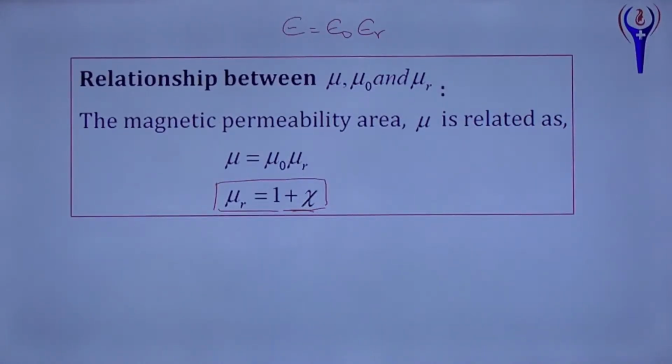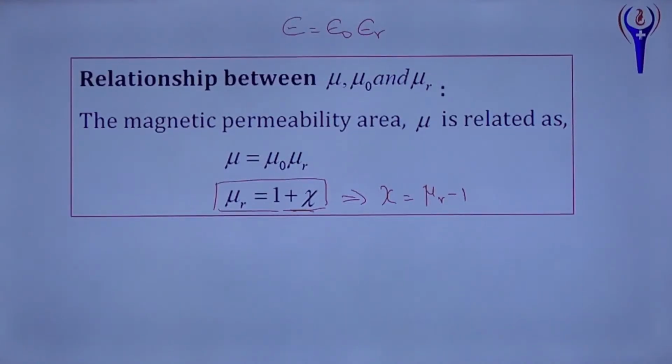Relative permeability and susceptibility are related by mu r equal to 1 plus chi, or chi equal to how much? Mu r minus 1. From this formula, 1 goes to the other side and becomes minus 1. Chi equal to mu r minus 1, or mu r equal to 1 plus chi.